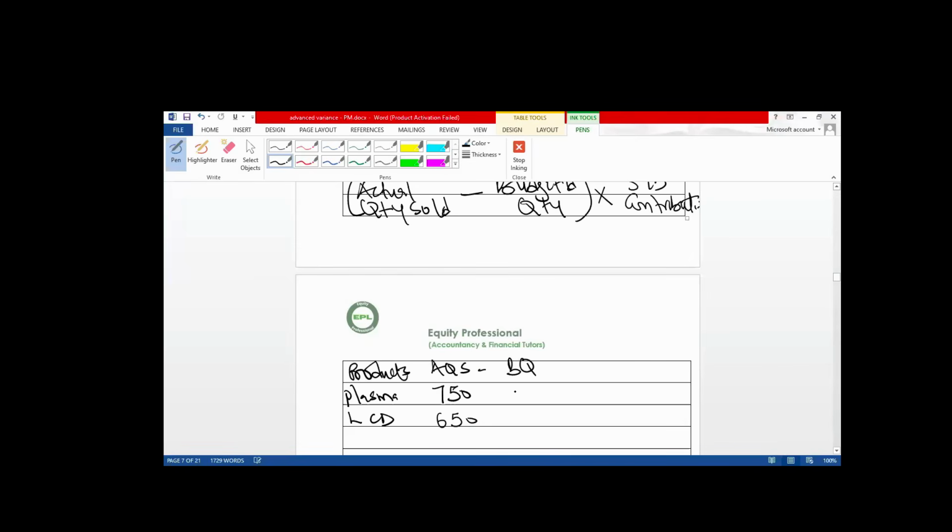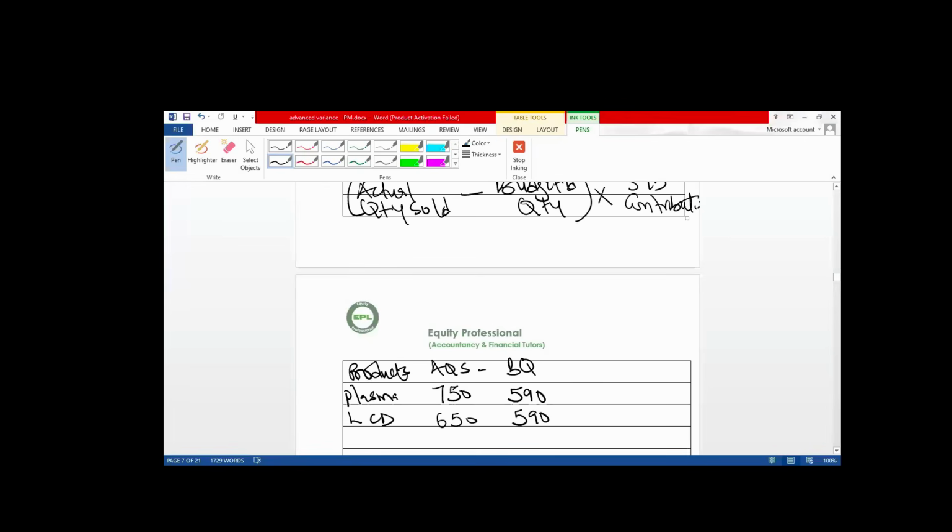Budgeted quantity. Now, if you go back to note number 1, you have 1,180 total. Examiner says equal mix, divided by 2. That means budget is 590 LCD, 590 plasma.